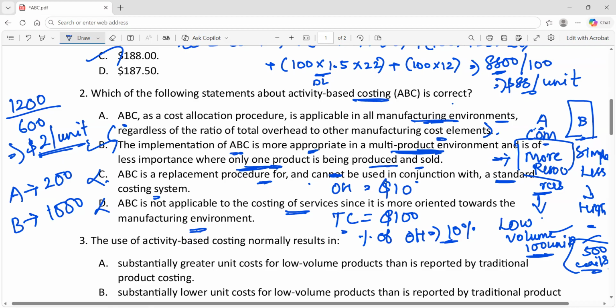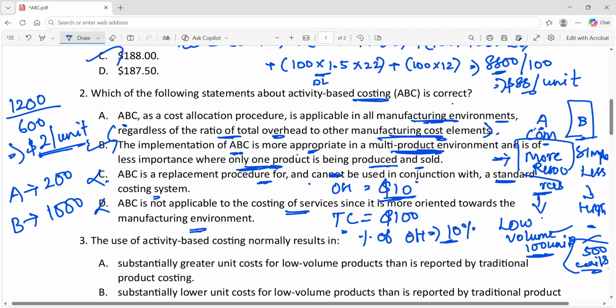Why? Because the significance of overhead is very less. So what we have to do is we have to calculate the ratio of total overhead to other manufacturing cost elements. If overhead is very significant, yes, you can go ahead with activity-based costing. But if the proportion of overhead is very less compared to your total cost, it is better not to apply activity-based costing.